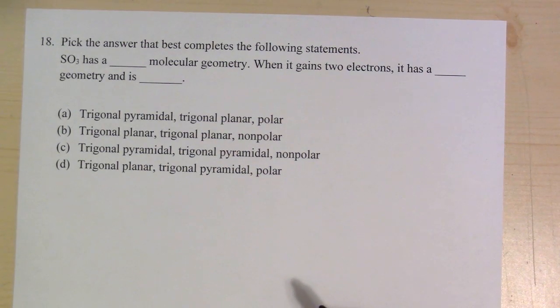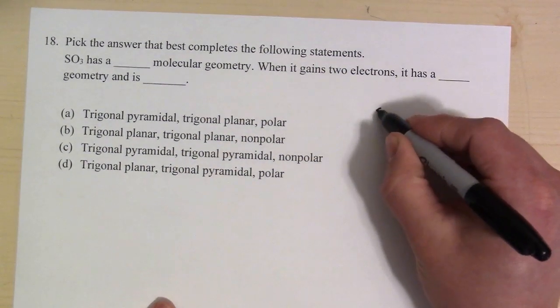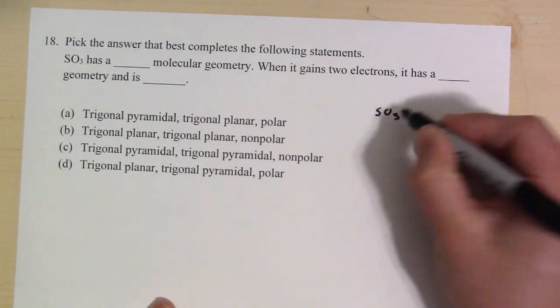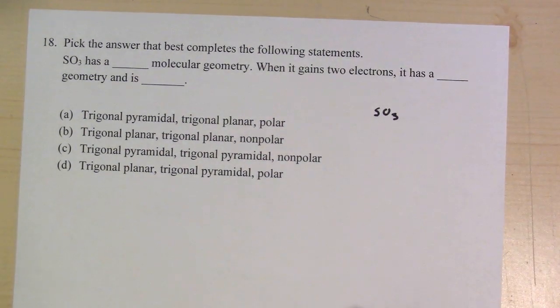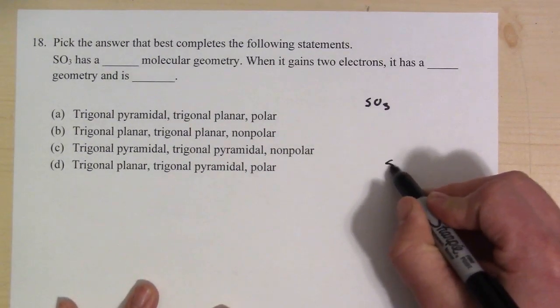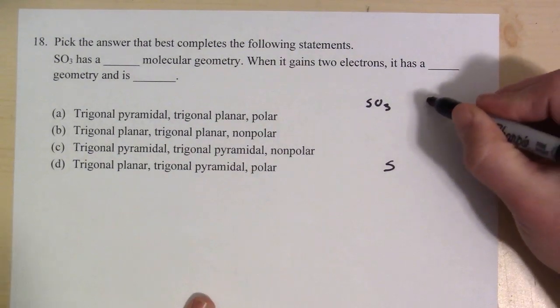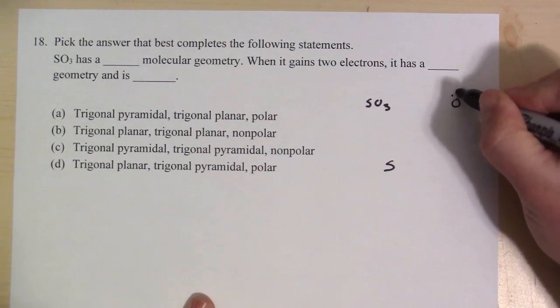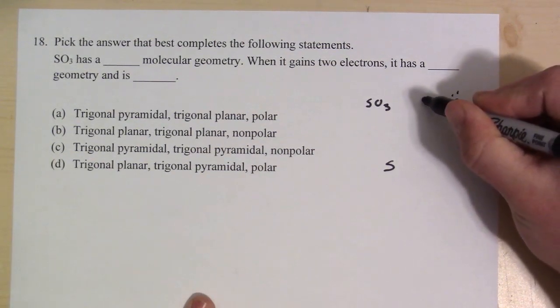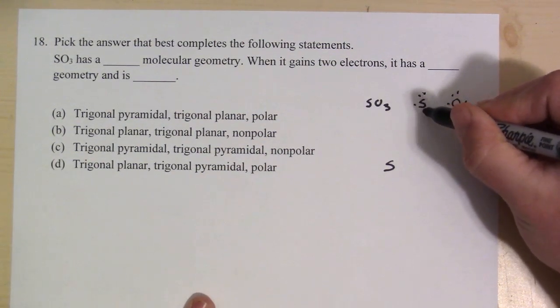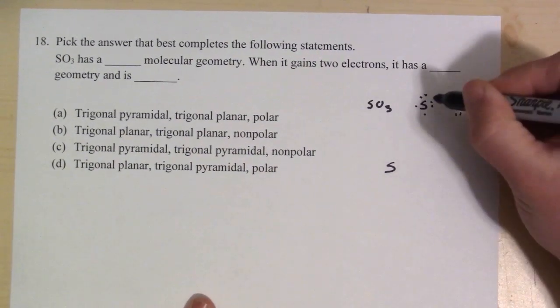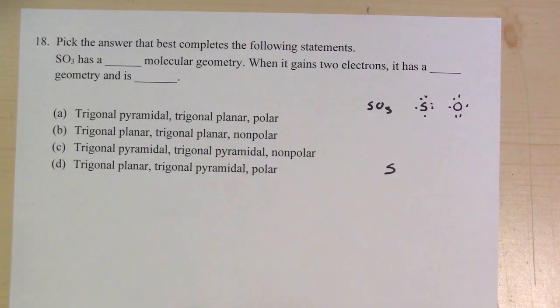So if we look at SO3, there's 1 sulfur, 3 oxygens, so it's likely that sulfur is going to be our central atom. If we have oxygen and sulfur, we see that they each have the same number of valence electrons.